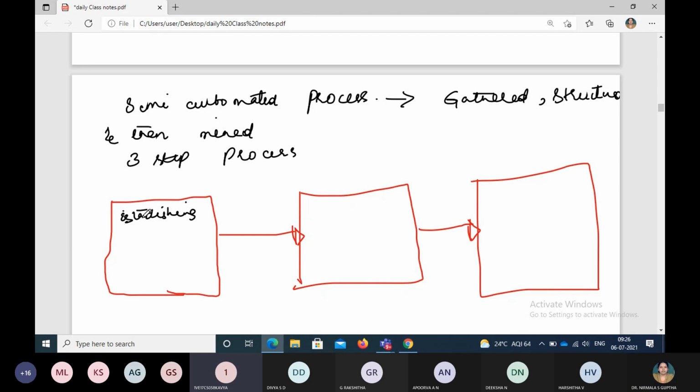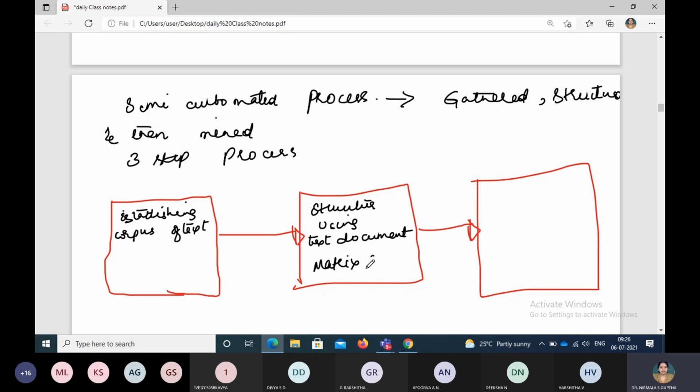The second one is the structuring phase, that is, structure using the text document matrix, which in short form we call TDM.